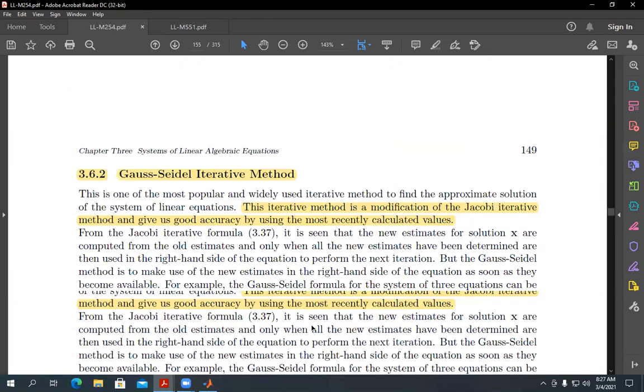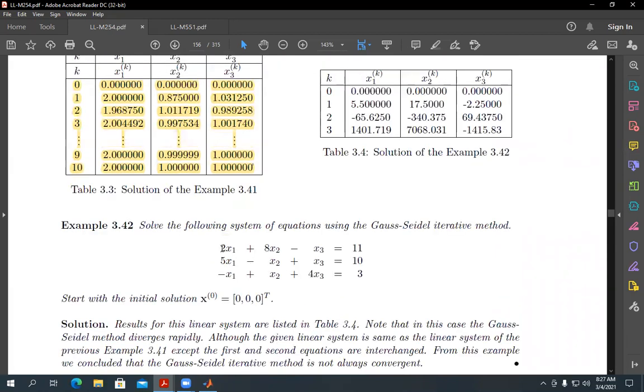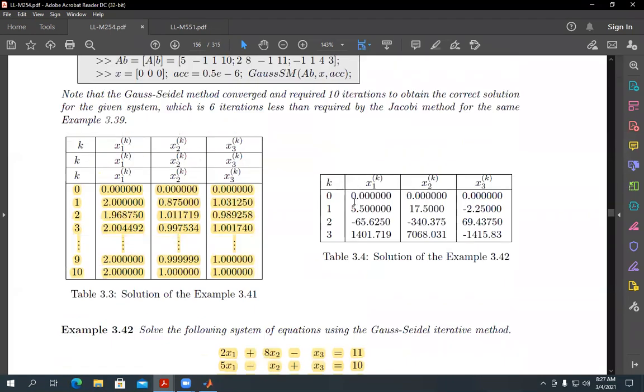We use the same system again for the Gauss-Seidel method, and we also check here the problem coming again, and that means the Seidel method also diverges.